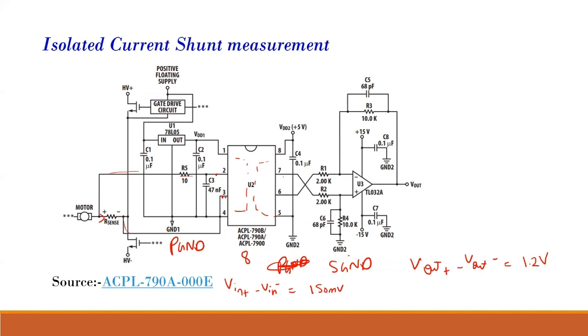This is passed to a differential amplifier. The differential signal supplied here generates a single-ended signal with respect to my ground, and then the signal can go to my ADC, or it can go to my comparator, etc.